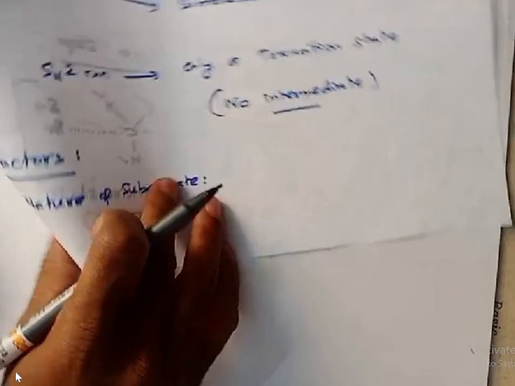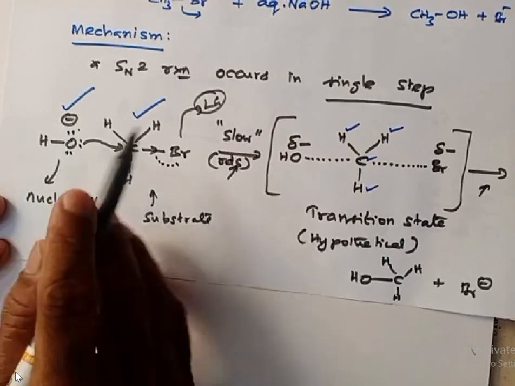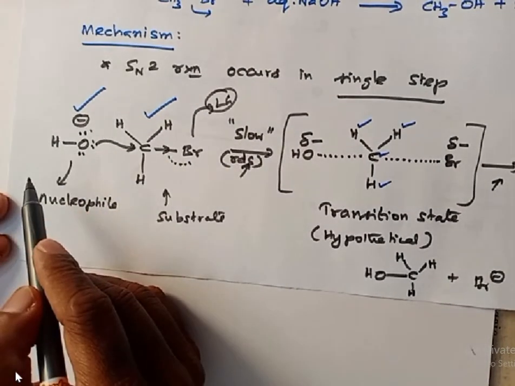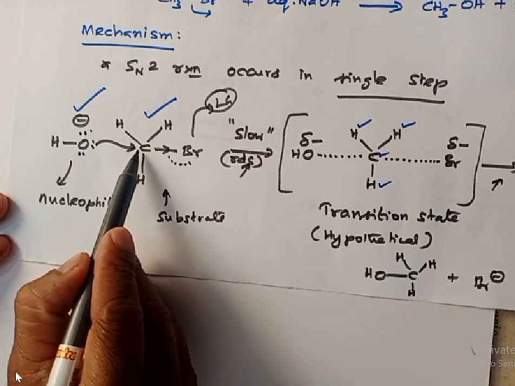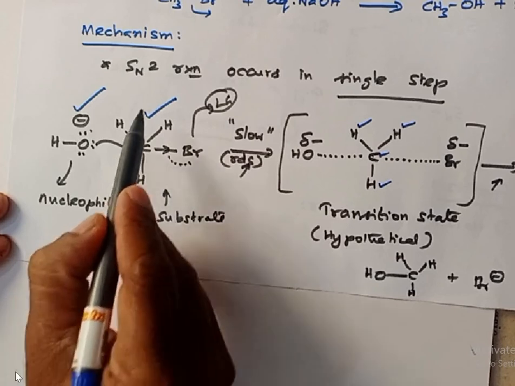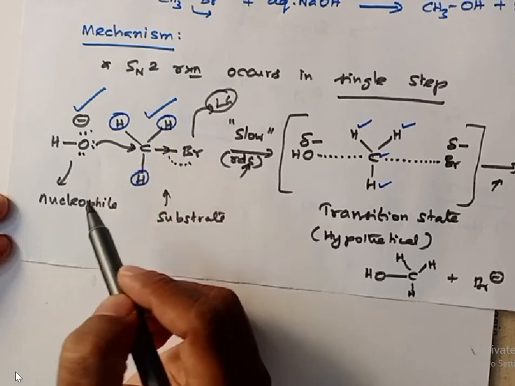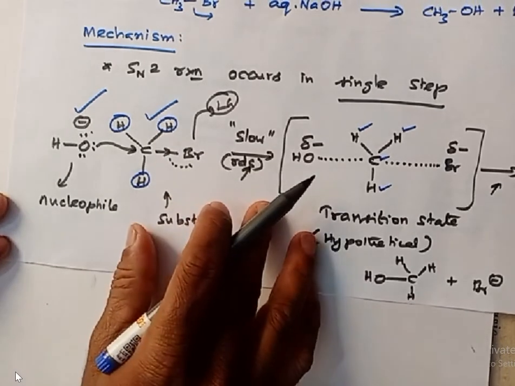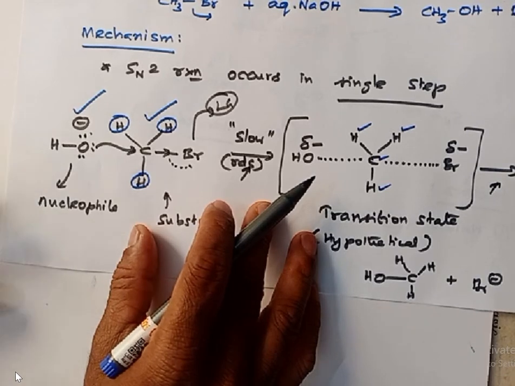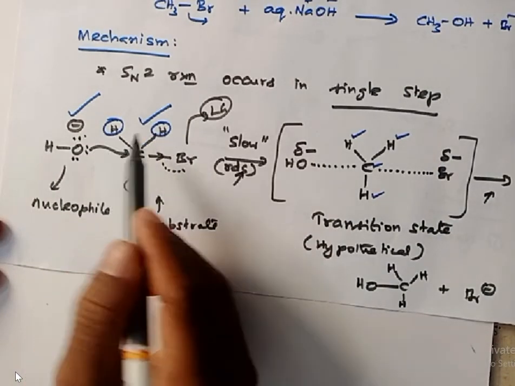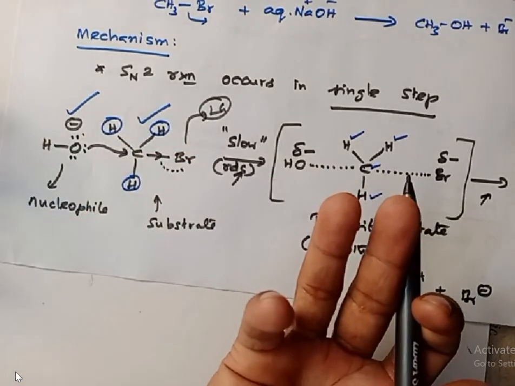Students, observe this carefully. See here, OH minus is the nucleophile. The nucleophile should attack this carbon comfortably. See why I chose methyl bromide: in methyl bromide, this carbon has only 3 hydrogens, and you know very well hydrogen atoms are of negligible size. So you need not worry about the size of the hydrogen atom. You can imagine that there is no hydrogen at all.